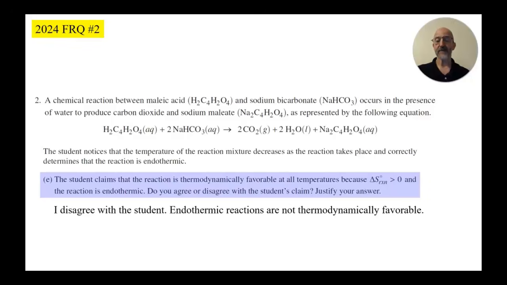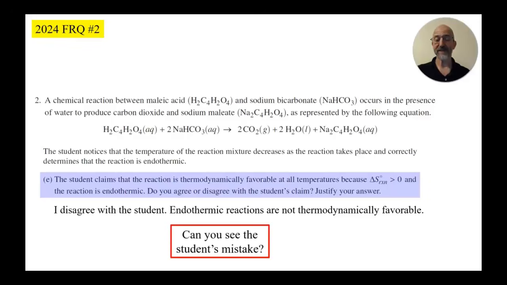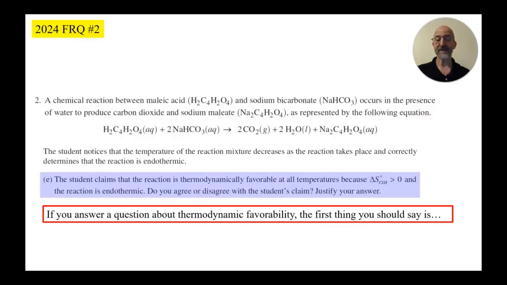Student says, I disagree because endothermic reactions are not thermodynamically favorable. So that is not true. Endothermic reactions can become thermodynamically favorable under certain conditions, and that would be at a higher temperature or when the delta S is positive. So just a blanket statement that endothermic reactions are not thermodynamically favorable, that's not true.